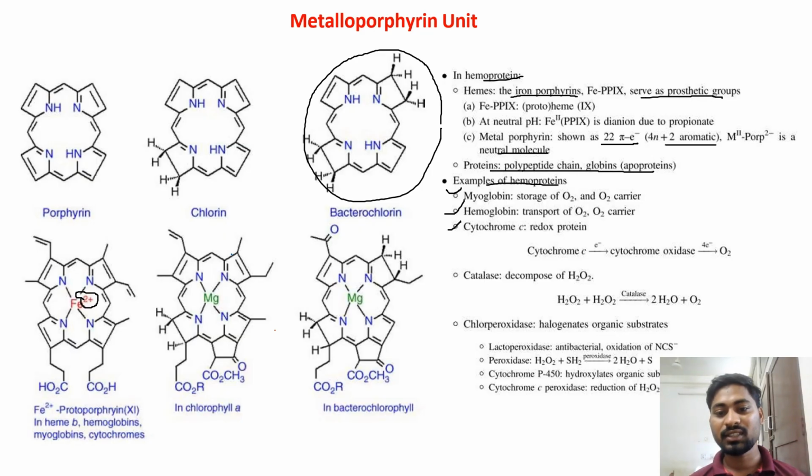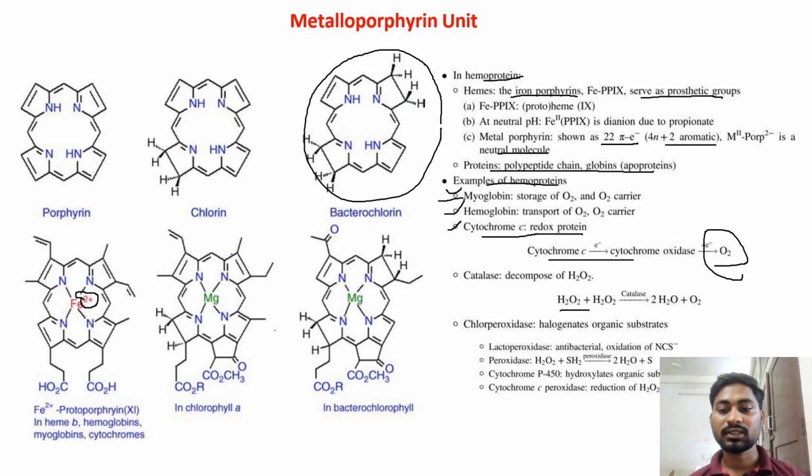Cytochrome is present in green leaves with chlorophyll, and myoglobin is present in the muscle cells. Cytochrome transfers electrons. When it oxidizes, 4 electrons are released and oxygen is produced.